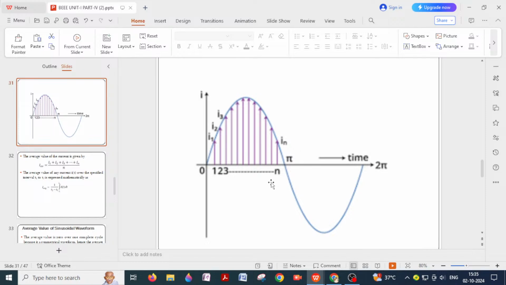You will get the average value, which is well known to you.